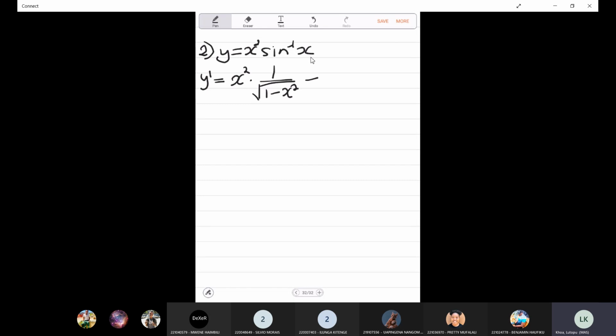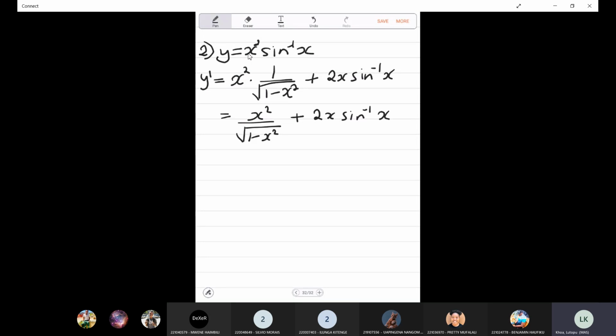And then the second part is the derivative of the first function. Then you multiply it by the second one as it is. Then write it out in its simplest form. This is x squared over the square root of 1 minus x squared plus 2x sine inverse of x.